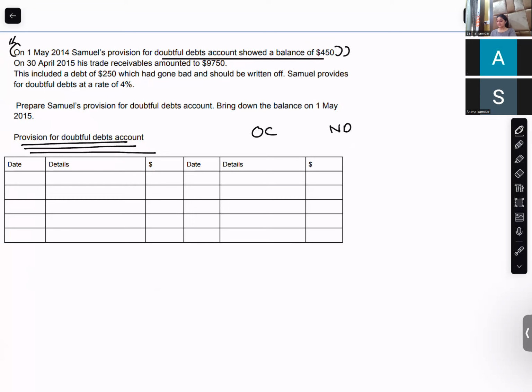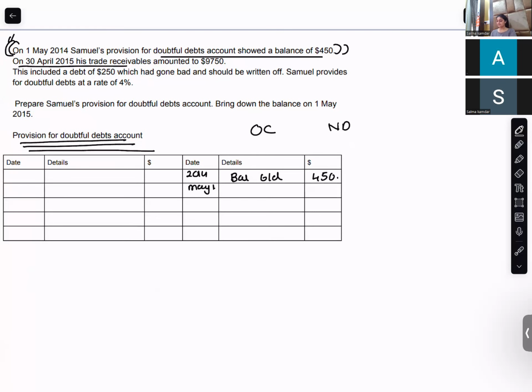So this is the old provision. We record it on the credit side, 450.